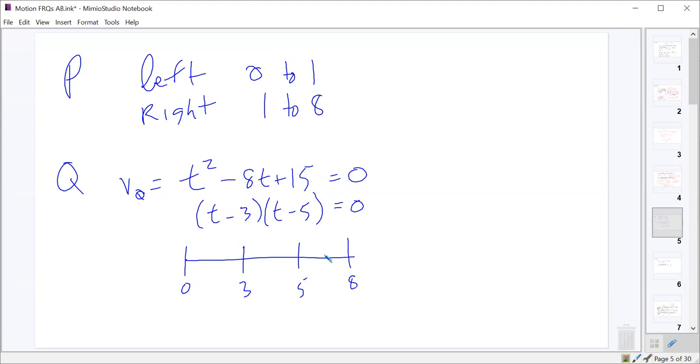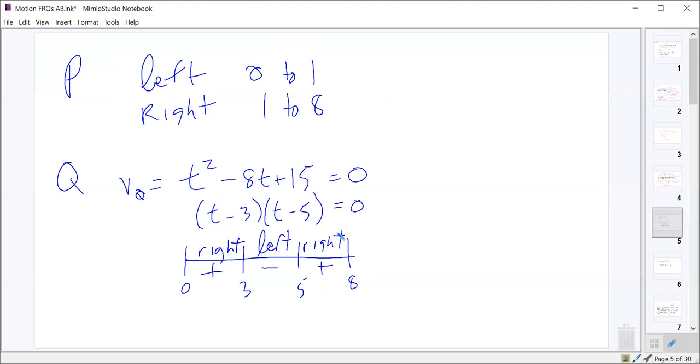So between 0 and 3, like 1, this is negative times a negative, so it's moving to the right. Between 3 and 5, like 4, this is positive and negative, so you multiply those, you get a negative. So it's moving left. And then from 5 to 8, like 6, you get a positive and a positive, so it's moving back to the right.